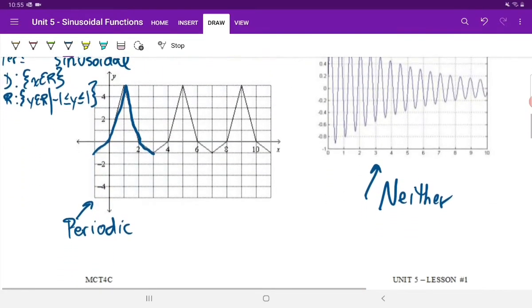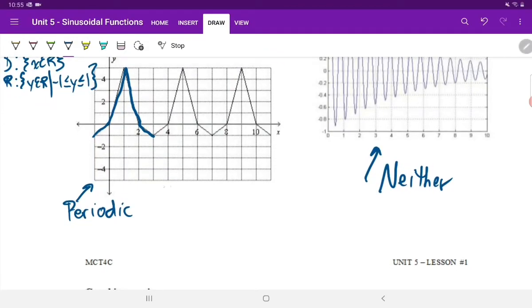Let's look at this periodic function here and state the equation of axis. Remember, it's y max plus y min divided by 2. So our max value here is 5.